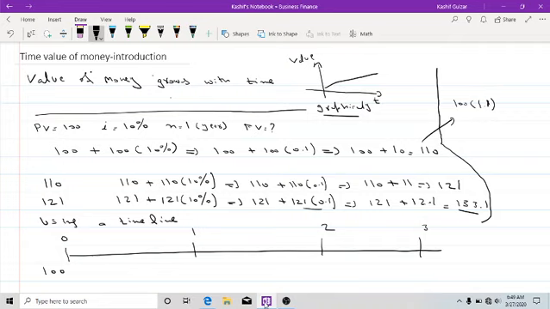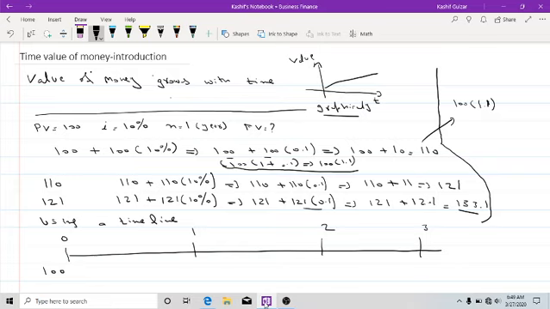That could be possible, because if we take 100 common, I'm going to have 100 into 1 plus 0.1, which goes to 100 into 1.1. So you can keep track of this. The shortcut is that this relationship can be presented by this amount.